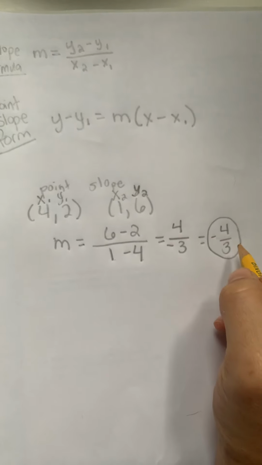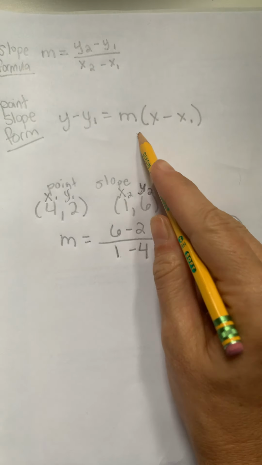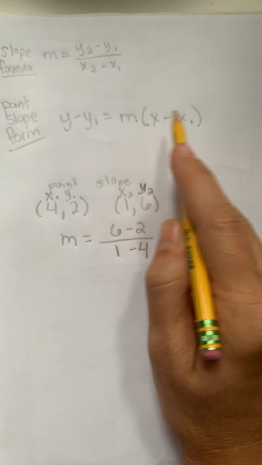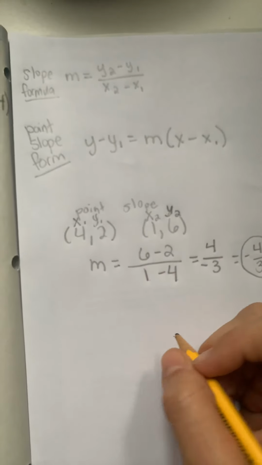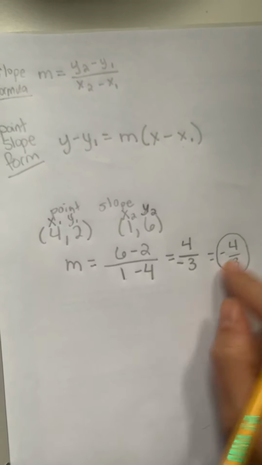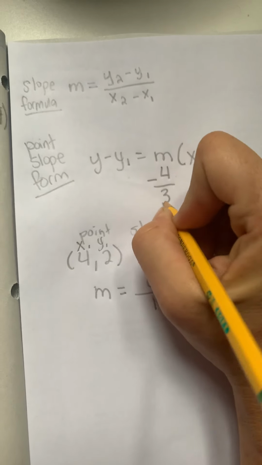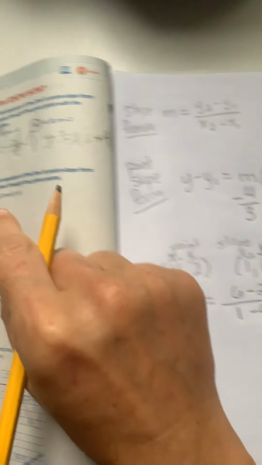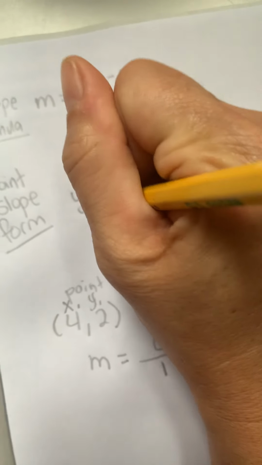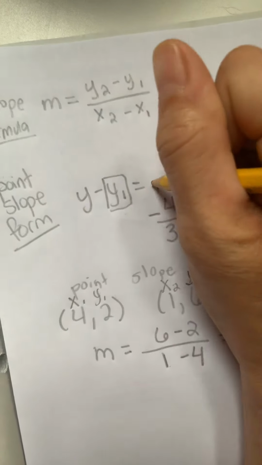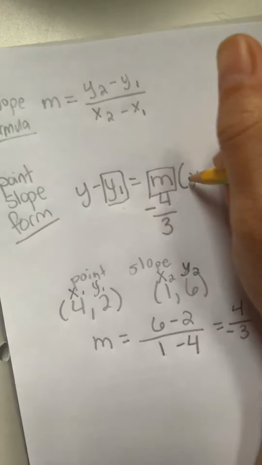Okay, so plug this in for m, plug in a point for y1 and x1. I'm going to do it right underneath the formula just to make it easy to see. So my slope is negative 4/3. And remember, oh, I didn't do it here. I'll just put the boxes around. It makes it a little bit easier to visualize.